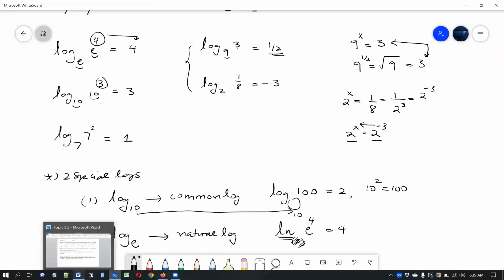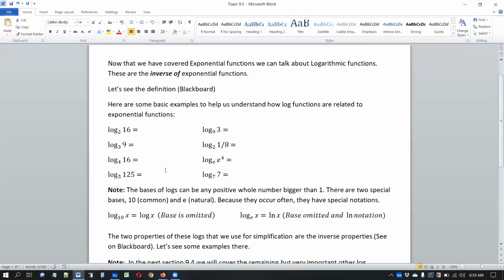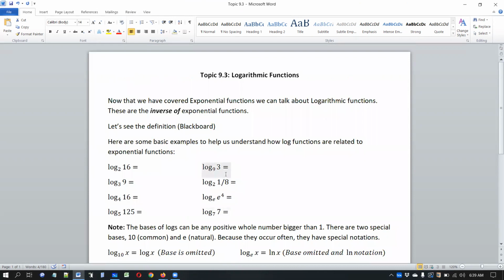Basically, all you have to do in this section is be able to evaluate these simple logs the way that I did. And then in the next section, we'll cover more specifically using the properties of logs to either expand or condense using addition, subtraction, multiplication and division.